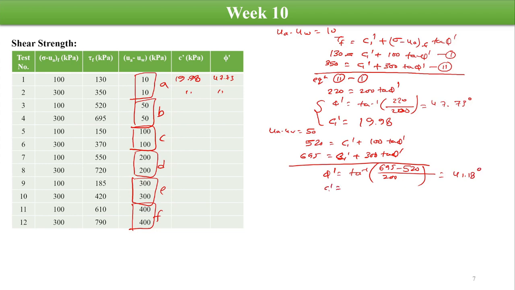And c1 dash, let's calculate from one of the equations, will be 520 minus 100 times tan of 41.18.